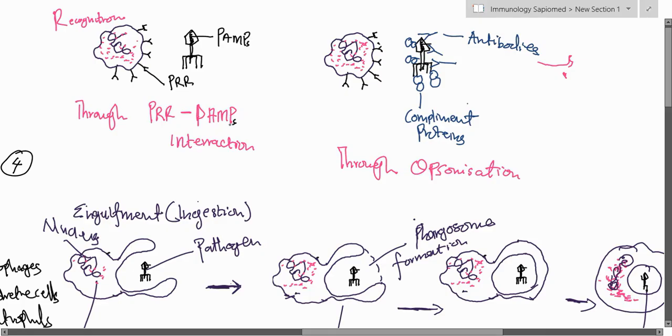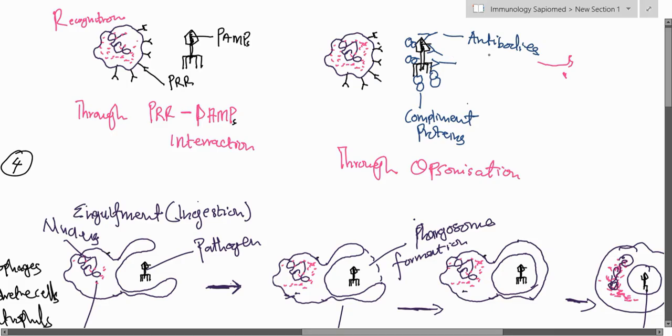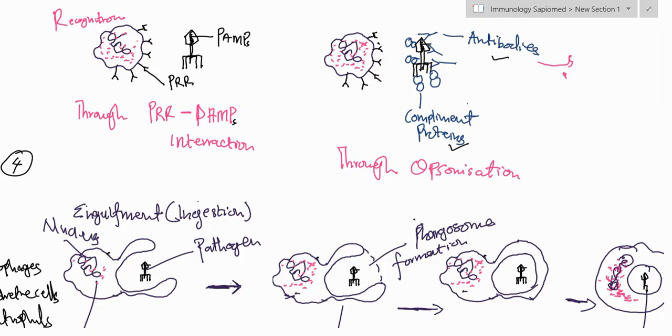Now the second way immune cells or WBCs are able to identify pathogens and attack them is through opsonization. You can see here that we have antibodies and then we have complement proteins. Let's begin with antibodies. When antibodies surround the pathogen, they sensitize it for engulfment.